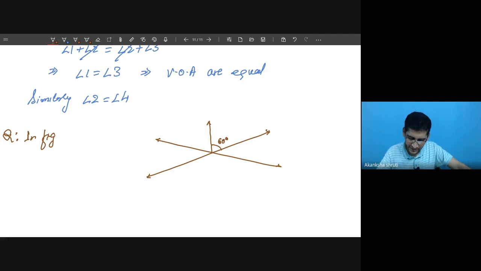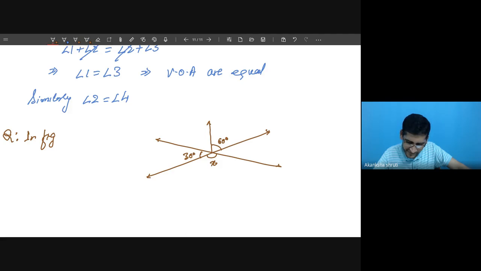And this angle is 30 degree. Then you have to find all these angles. What is this angle?